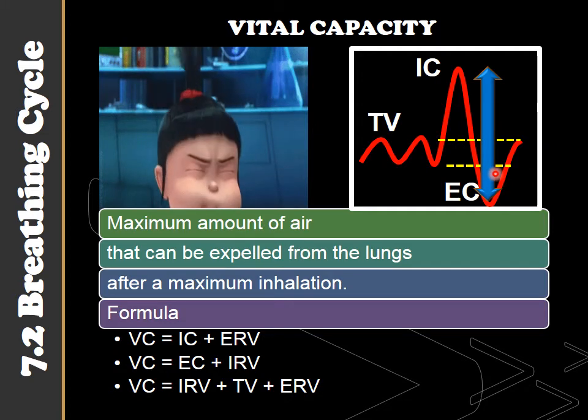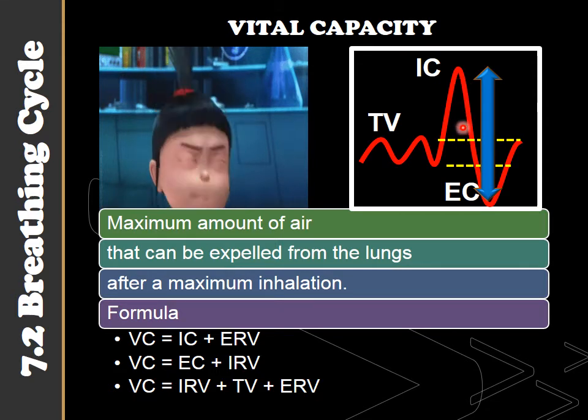Or vital capacity can be the whole of the expiratory capacity plus the inspiratory reserve volume. Or the third version of the formula can be inspiratory reserve volume plus tidal volume plus expiratory reserve volume.